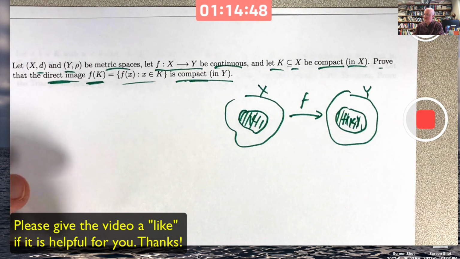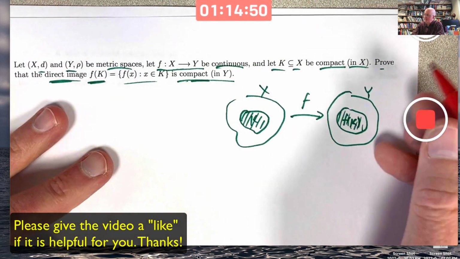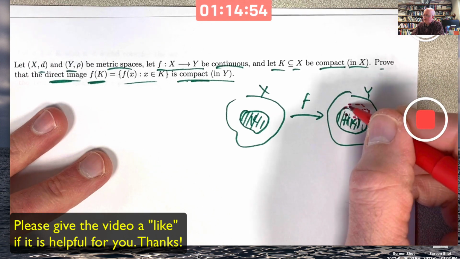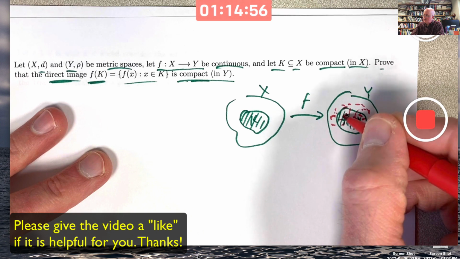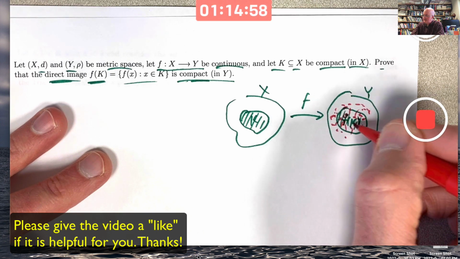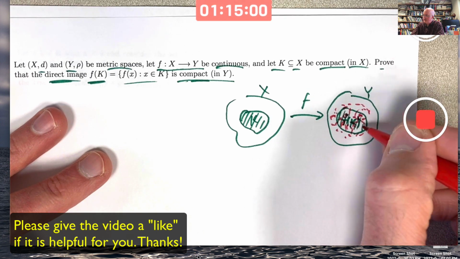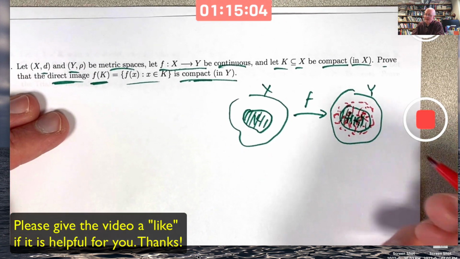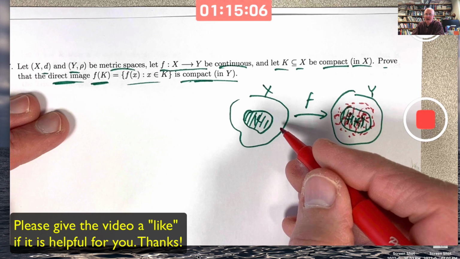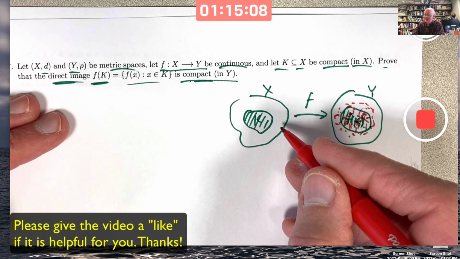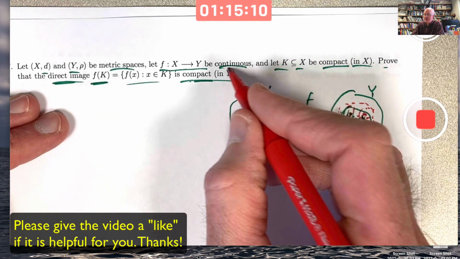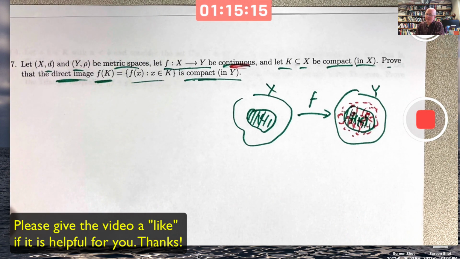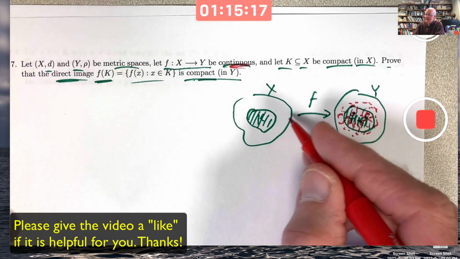So strategize. Think about the definition of compactness. Give me an arbitrary open cover of the thing I'm trying to prove is compact, which in general will have infinitely many sets in the collection. Show that it's got a finite subcover. Got to use the fact that f is continuous and K is compact. How do you do that? Continuity, we can use the preimage condition, perhaps. Take the preimage of all these sets.